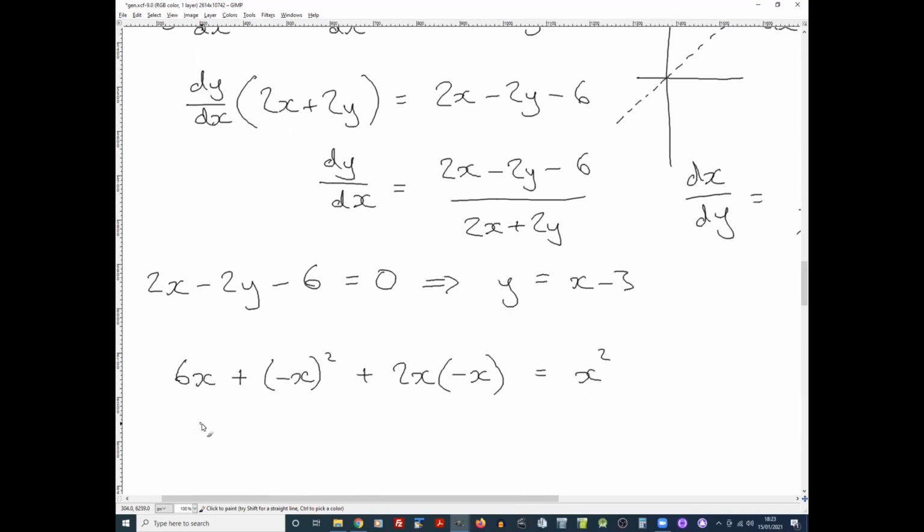So 6x minus 2x squared. Is that right? That equals that.